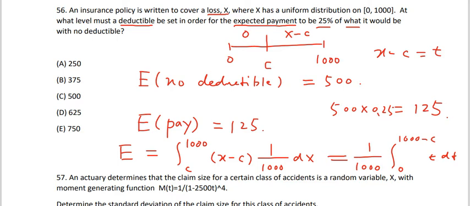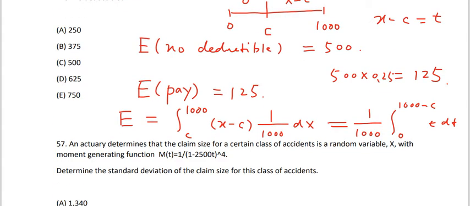So this equals half t squared. So it equals 1000, this integration, half of this squared. We let this equal 125, so we can find this c.